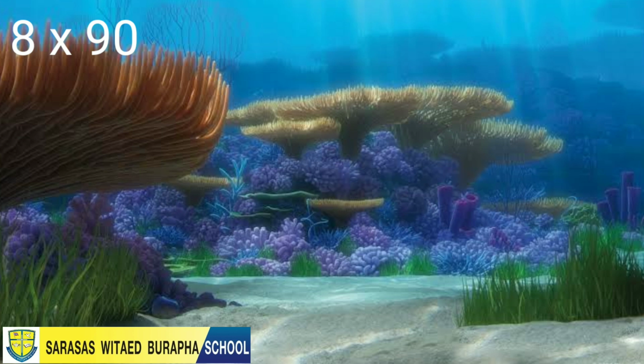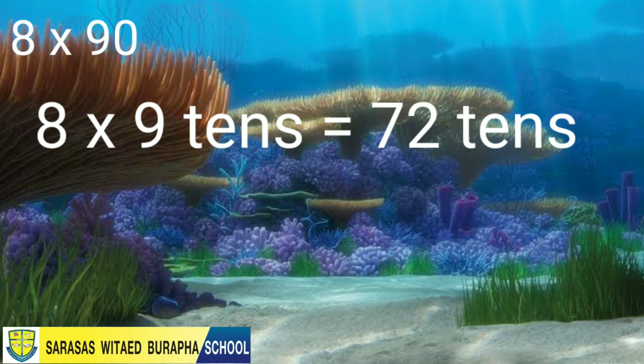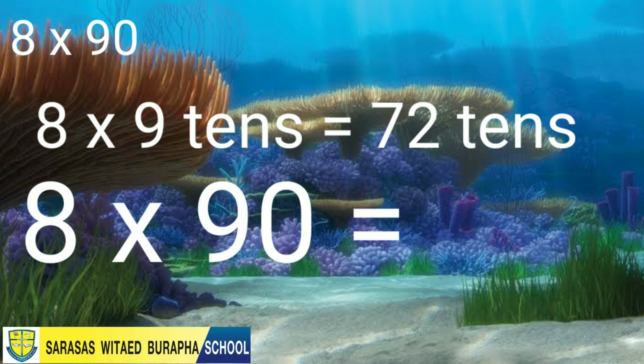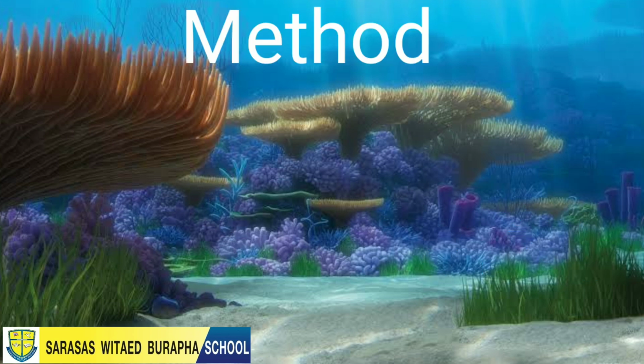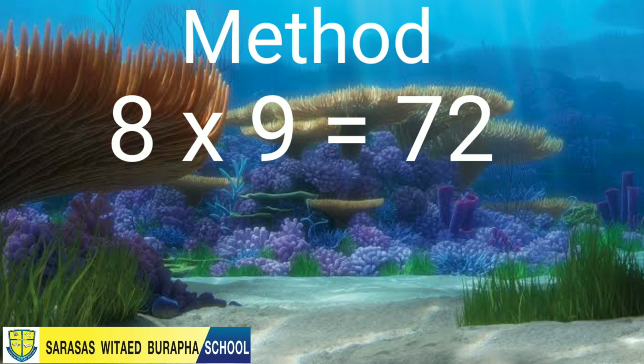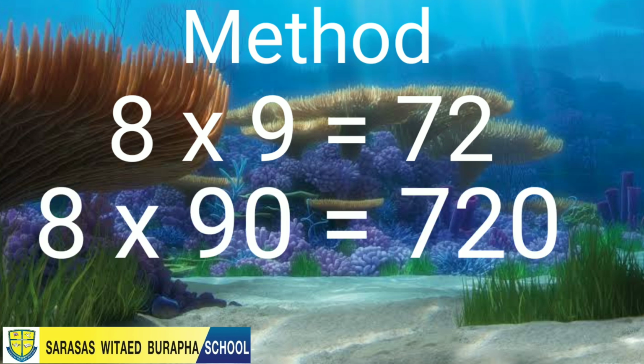So 8 multiplied by 9 tens is 72 tens. That's 8 times 90 equals what? Very good, that's 720. For the method, you can write it down as 8 times 9 is equal to 72. And 8 times 90 is 720.